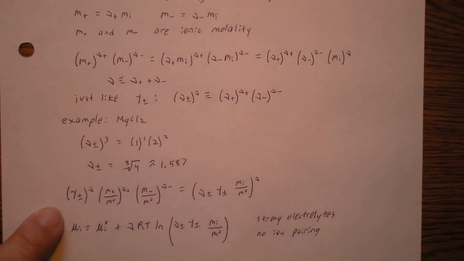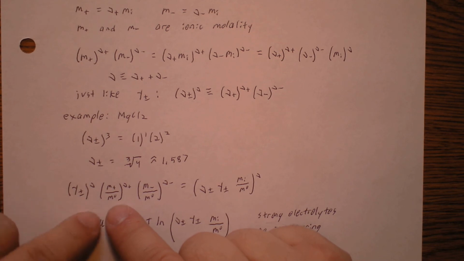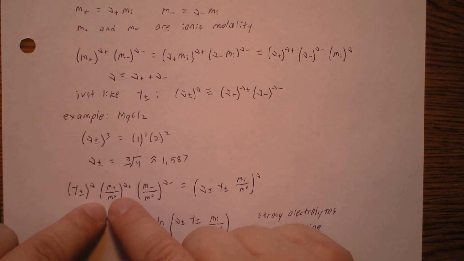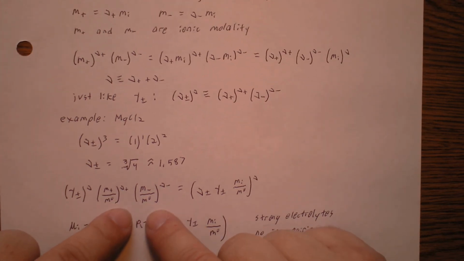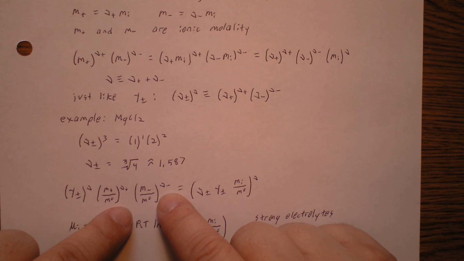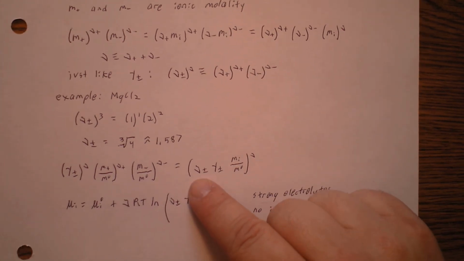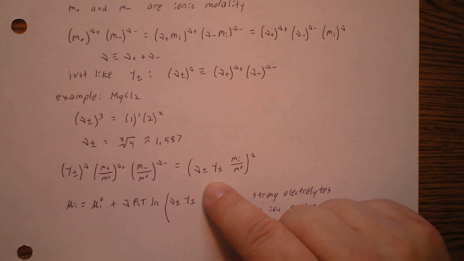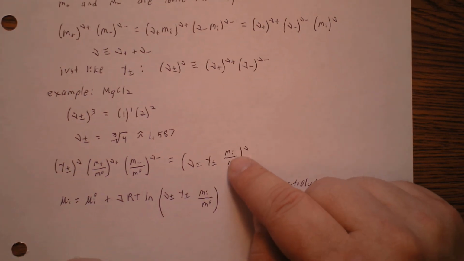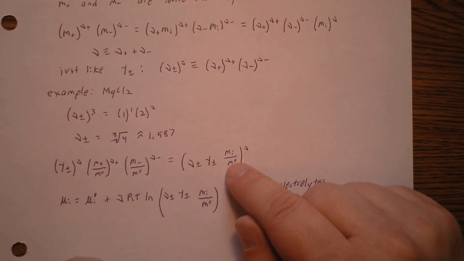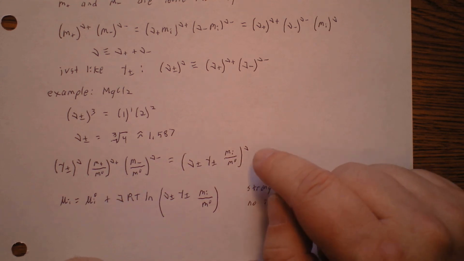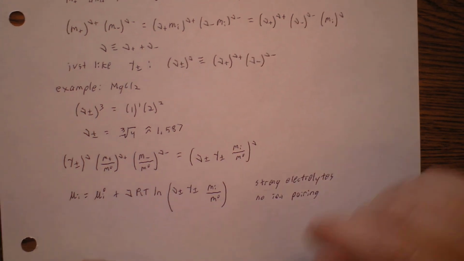Then we have nu plus minus to the nu times the molality of the cation divided by the standard molality to the nu plus times the molality of the anion divided by the standard molality to the nu minus. And that's going to be equal to nu plus minus times gamma plus minus times the molality of I divided by the standard molality, all to the nu power.